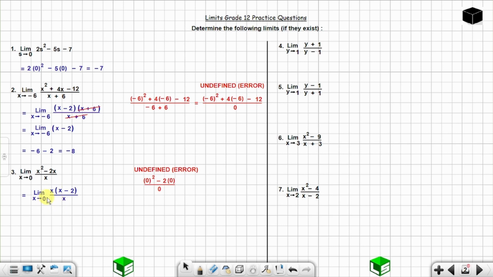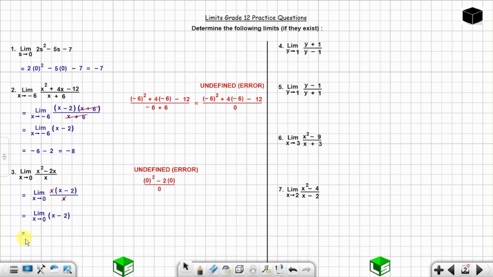Now you can cancel this x and this x. You are left with x minus 2 after cancellation.